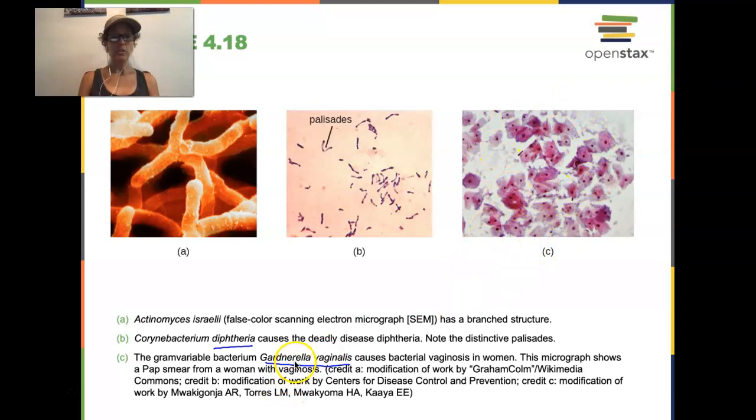And so this Gardnerella vaginalis can just be an imbalance in the normal flora of the person, the normal microbiota. But when they're overgrown, it does cause severe itching and symptoms that are similar to a vaginal yeast infection.